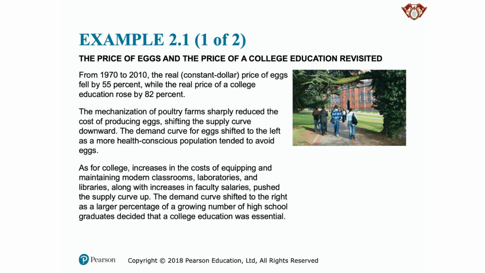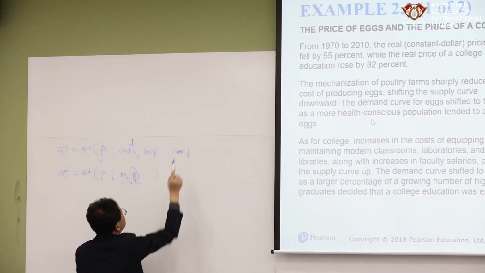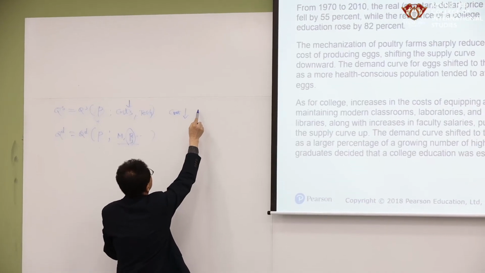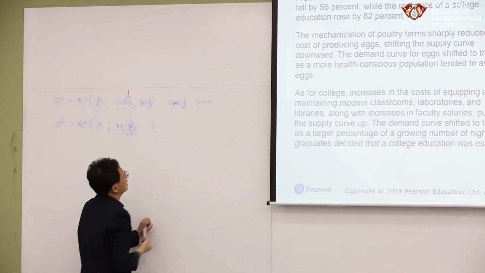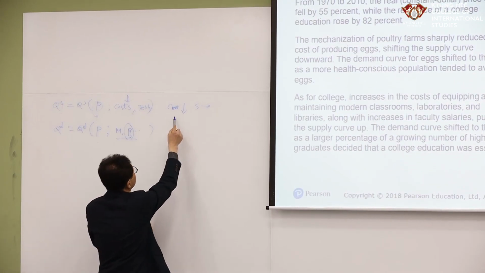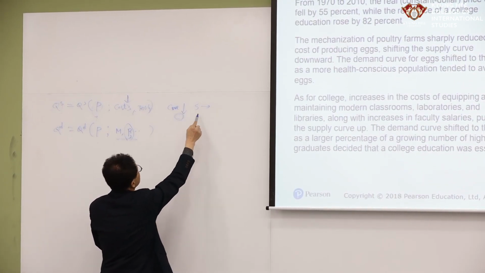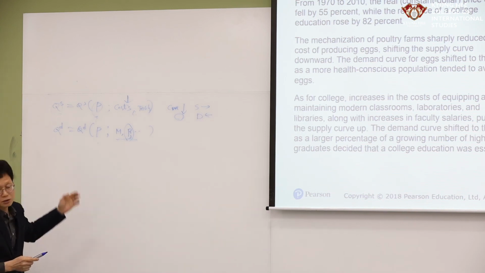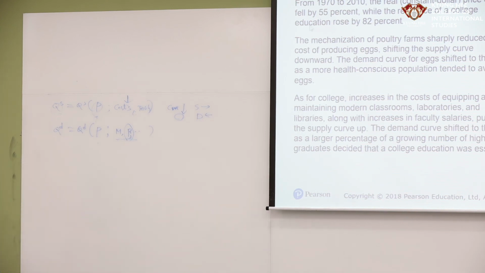Because of this, demand for eggs decreased. Supply curve shifts right because of cost decrease in poultry farms, but health concerns shift the demand curve to the left. That kind of thing happened in the egg market.